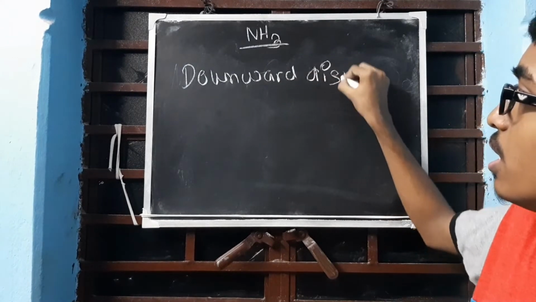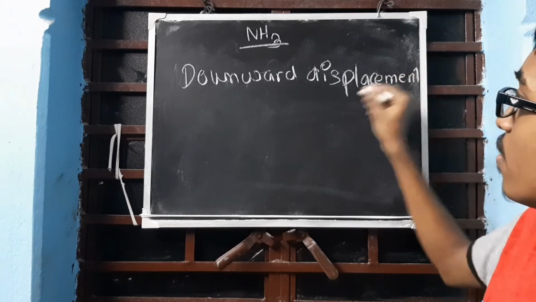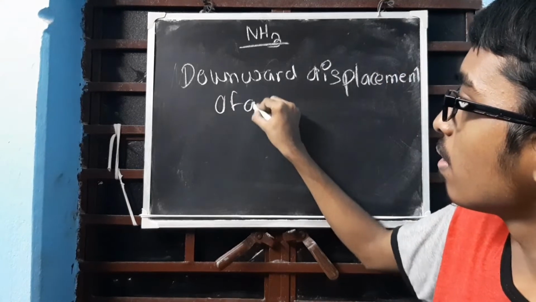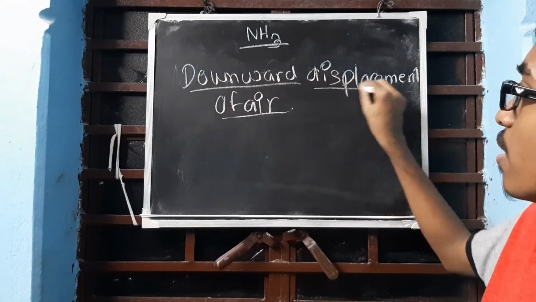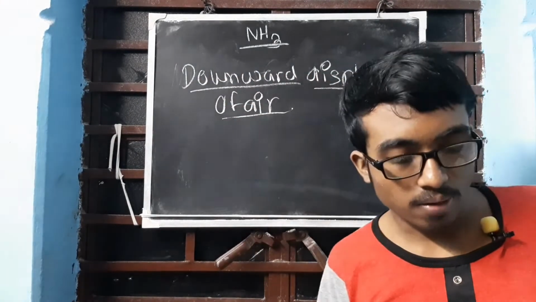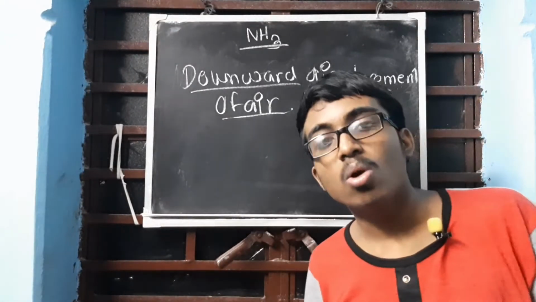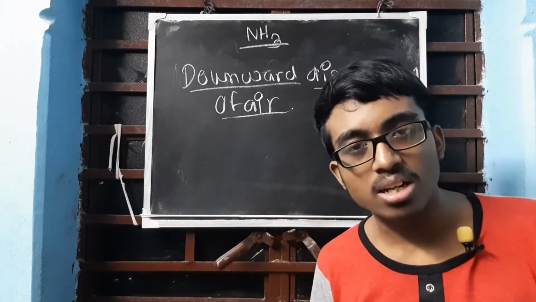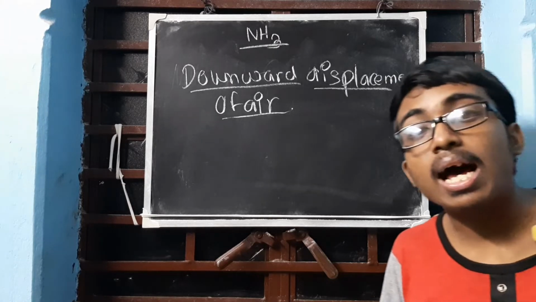What does this indicate? This term itself says a lot. When can something be displaced downward? When something is lighter. So ammonia gas can be said to be lighter than air.